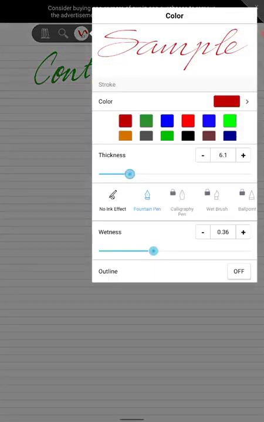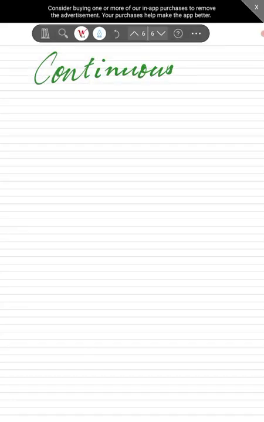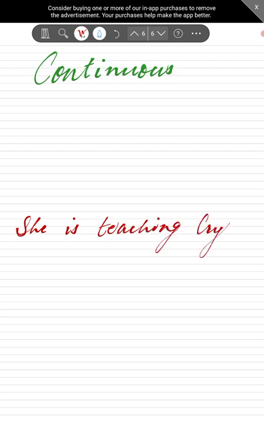Now the sentence is she is teaching Crystal. Okay, she is teaching Crystal. This sentence is again in present time, but the tense is continuous.